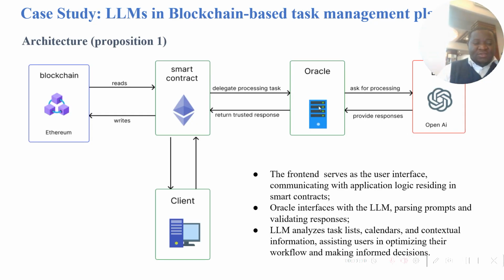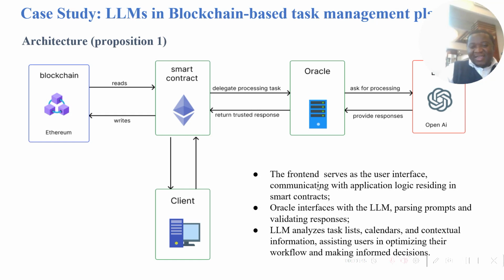So the authors of this work came up with two architectures showing how they view the integration of LLMs together with blockchain. One is to use, as I alluded to, the LLM as a prompt interface to smart contracts and to the blockchain.